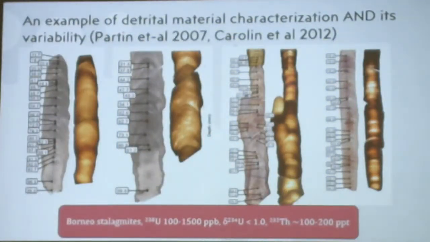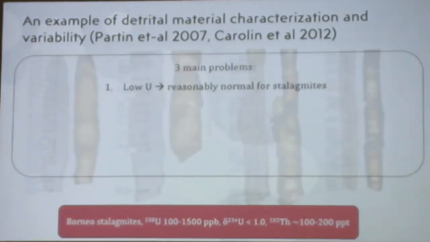Why was there a problem? Basically, as Kathleen said, and I cannot stress it enough, always look at the supplemental material because there's always very interesting information about the data. These stalagmites have 3 problems, and these are problems which are not uncommon, actually. Very low uranium concentrations, which are not different to many other stalagmites. They have around 50 ppb of uranium, up to 100 ppb, up to 1.5 ppm.